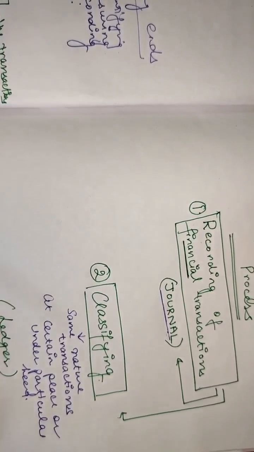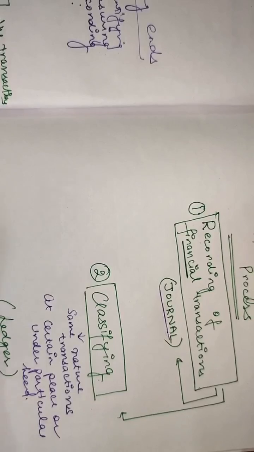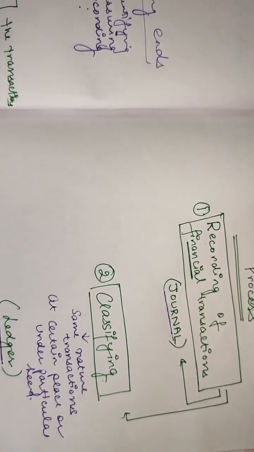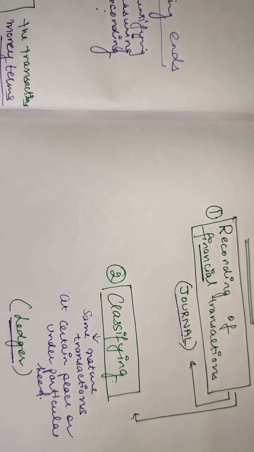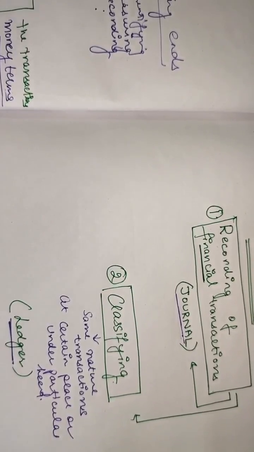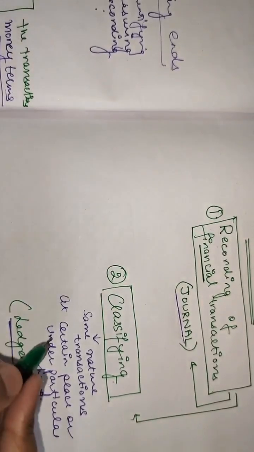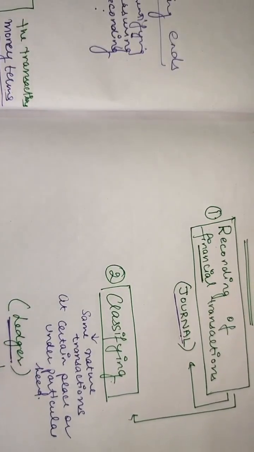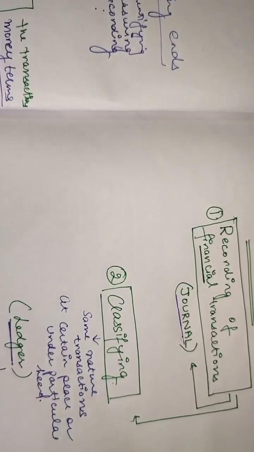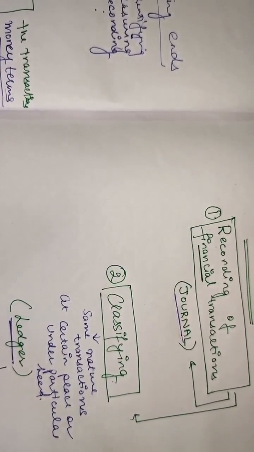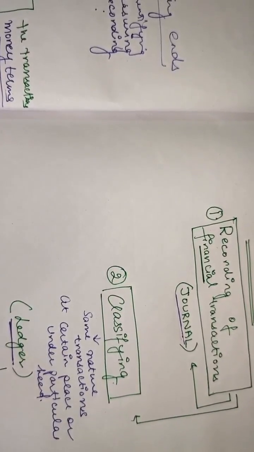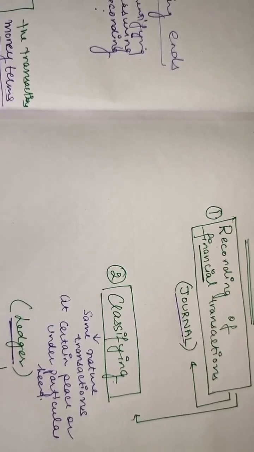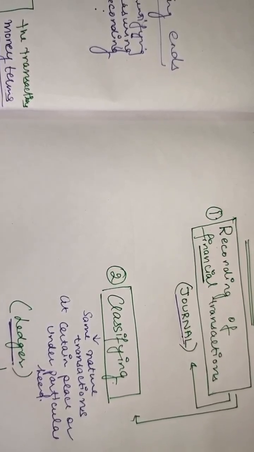What basically ledger is? Ledger is the books of accounts in which the transactions of same nature will be recorded for accounting. Now, after this, next step is summarizing of transaction.